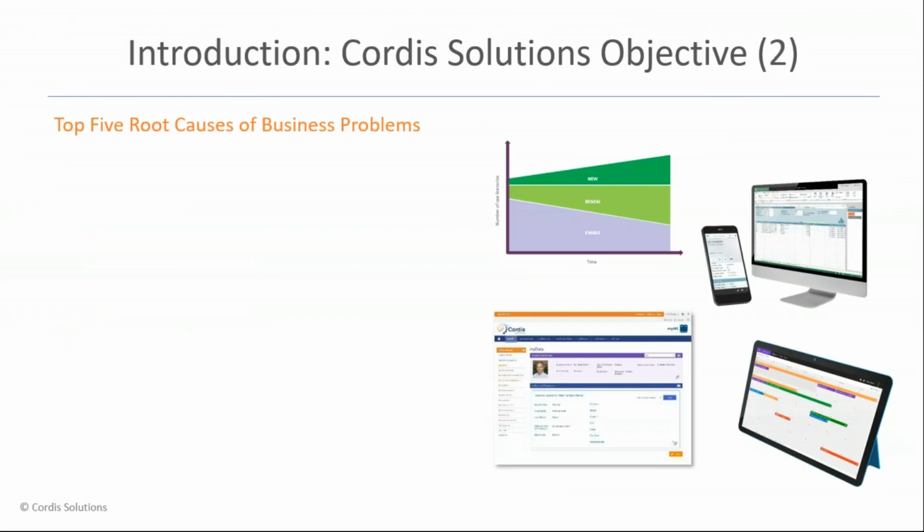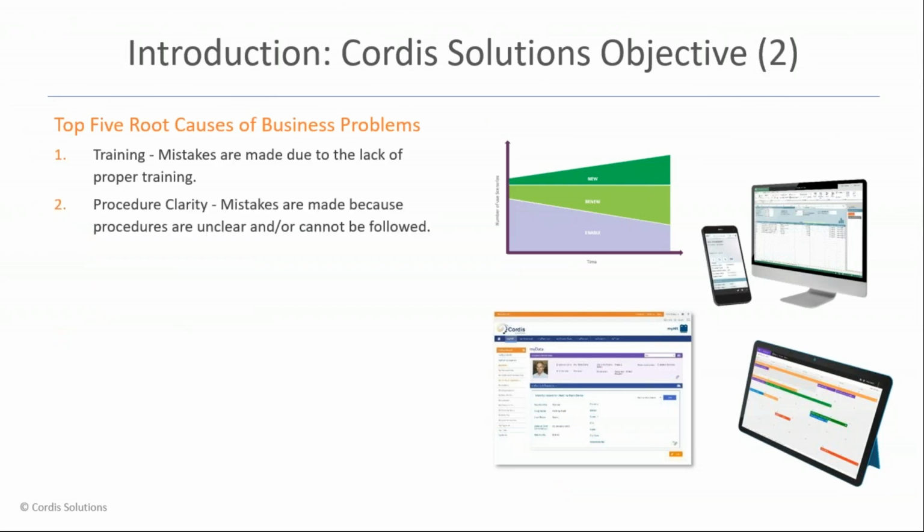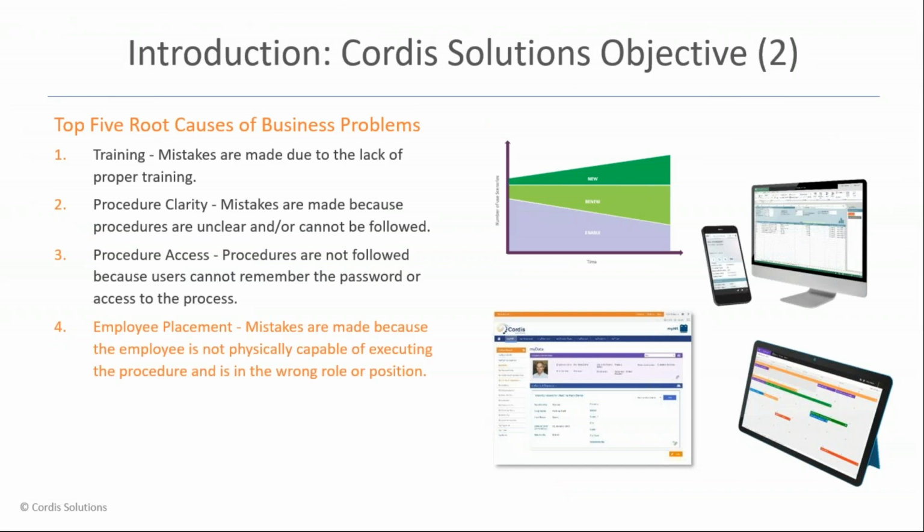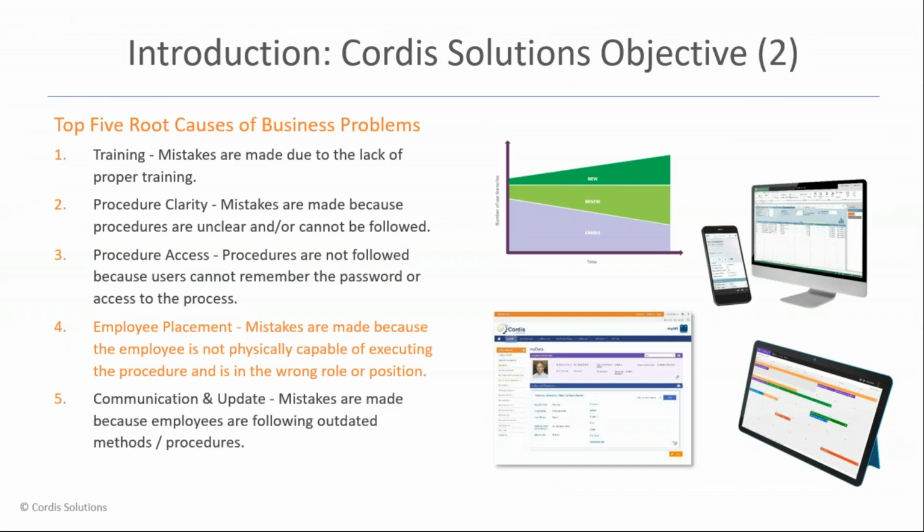Again, one of the things which we found is that simplification helps. Simplification helps to address 4 out of the 5 big reasons why people do not follow business processes, or why business problems happen.